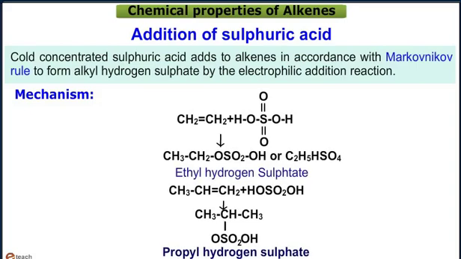The mechanism of the reaction is CH2=CH2 plus H2SO4 gives CH3-CH2-OSO2OH or C2H5HSO4. CH3-CH=CH2 plus H2SO4 gives CH3-CH-OSO2OH-CH3, which is known as propyl hydrogen sulfate.